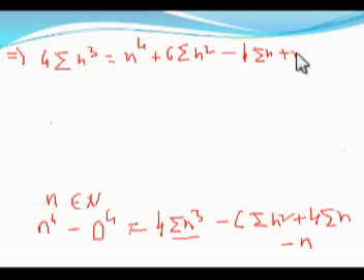Now we just calculate it. It will be n4. We have already obtained its value.